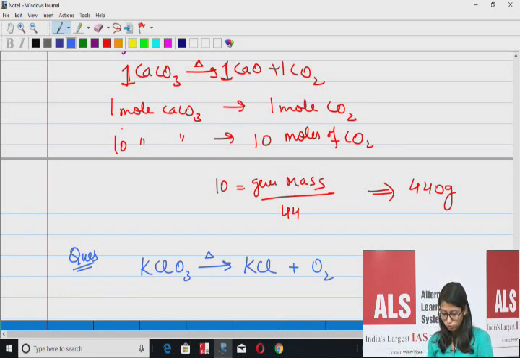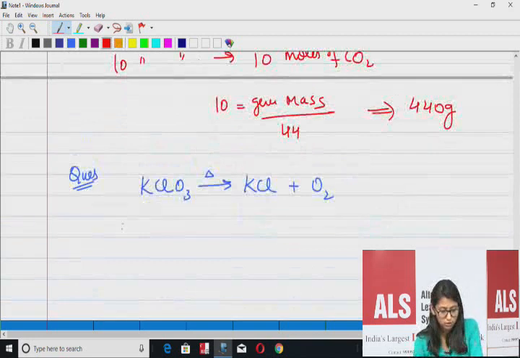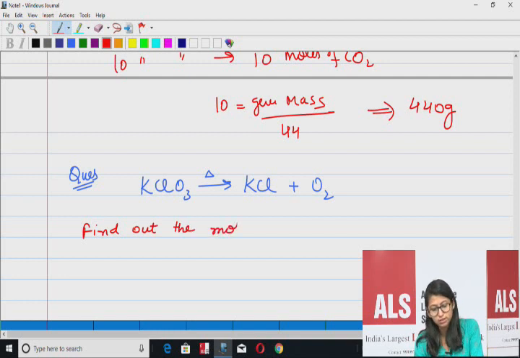I'm just trying to change the values in order to make your calculation easier. So right now I don't have the values, so I'm giving you the direct one. Okay, find out the moles. Let's make it easier. Find out the moles of oxygen.